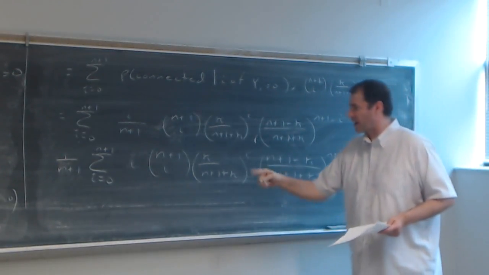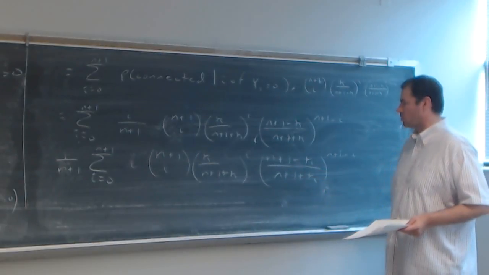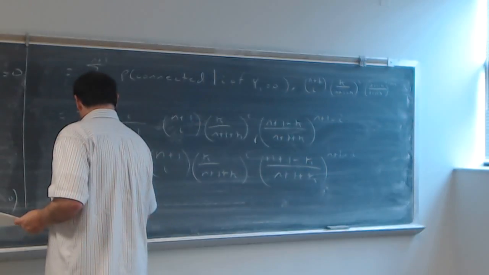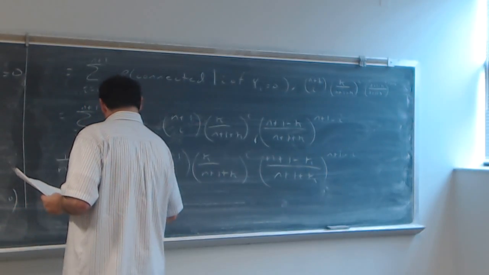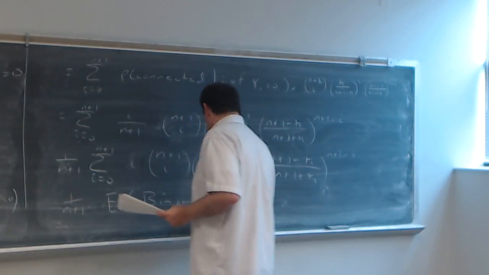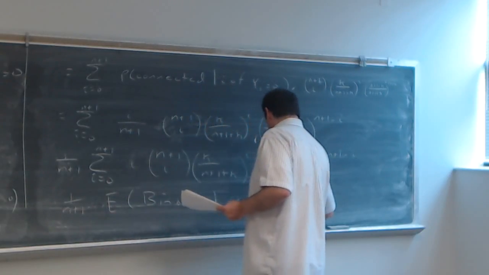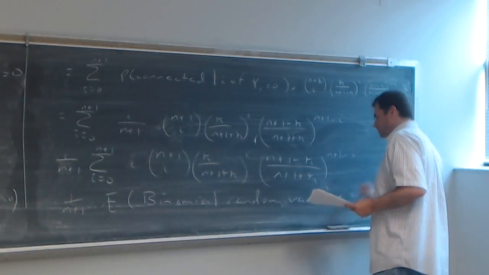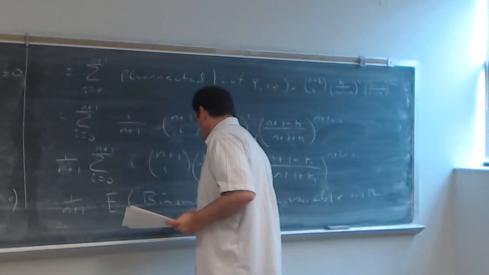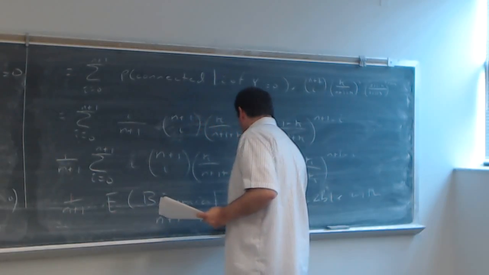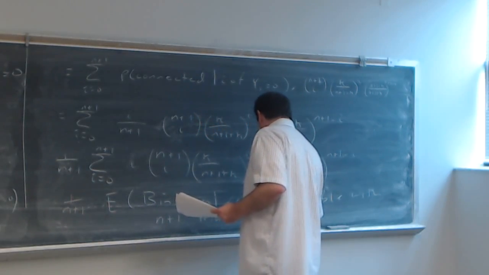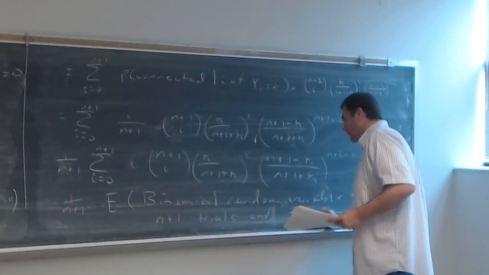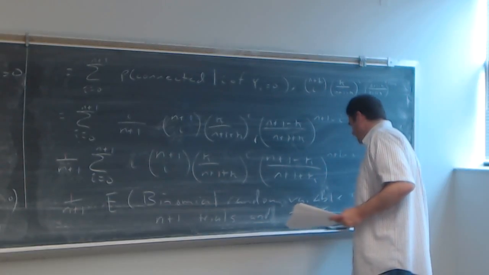And this sum over I's running of this quantity is nothing more than the expected value of a binomial random variable with n plus 1 trials and p, probability of success, given right here, k over n plus 1 plus k.